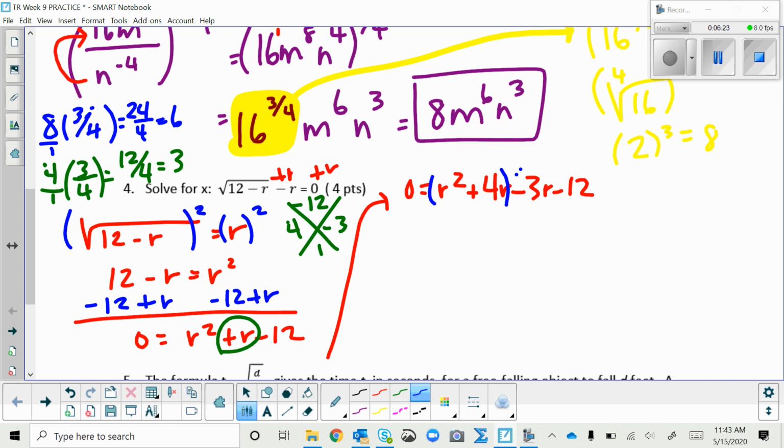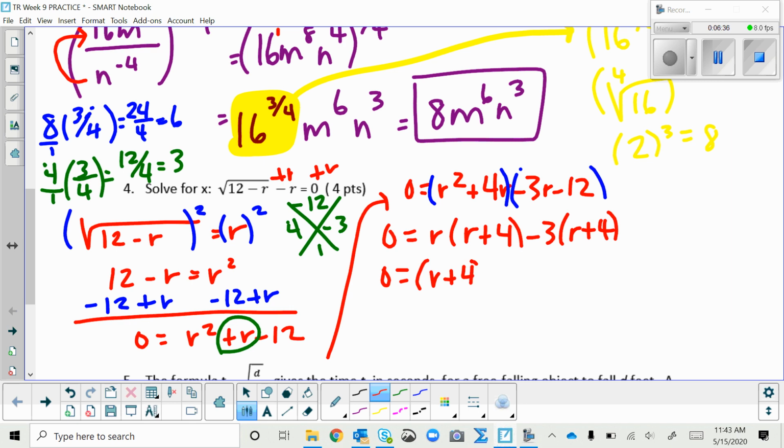I do my grouping. I set each of those factors equal to 0 and solve. And remember, you have to double check to see which one is an extraneous solution.